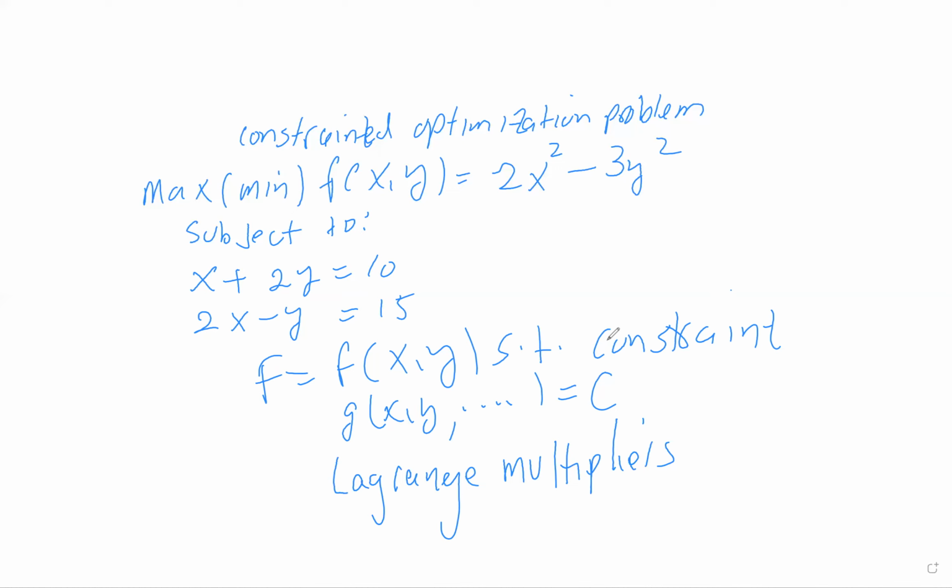Again, the Lagrange multiplier is taught in fourth year undergraduate and also at the master level in economics at universities, in microeconomics around the globe, particularly the United States and Canada. I'm not too sure about Europe.